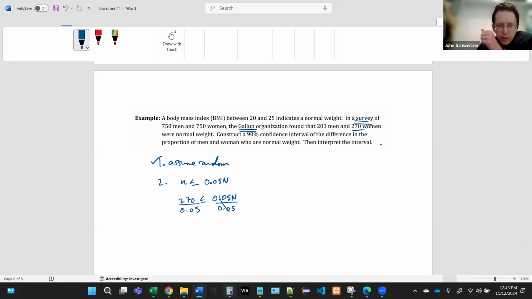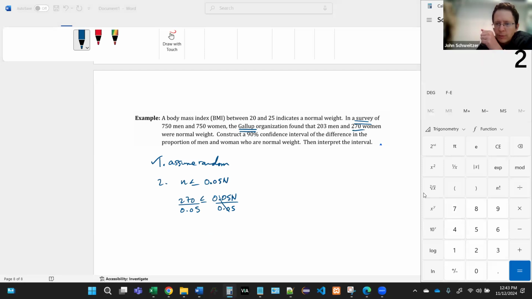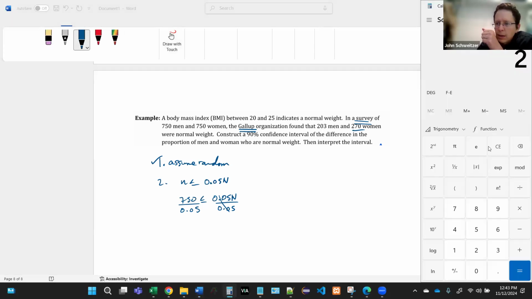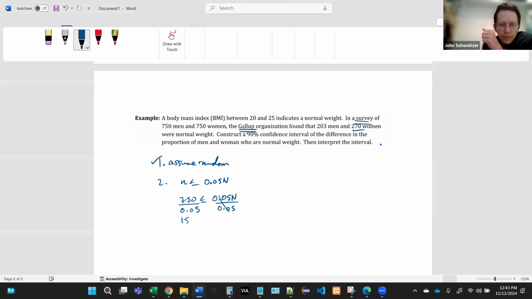I'm sorry, I'm using the wrong one. It should be 750. My apologies. There's 750 females in the study, right? So 750 divided by 0.05. Okay, so 15,000. So yeah, there's definitely more than 15,000 females.